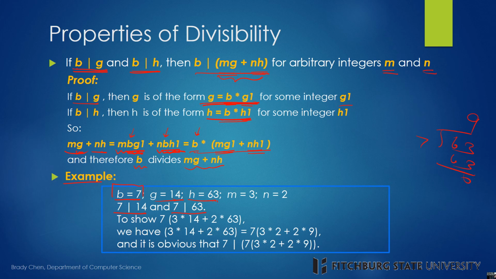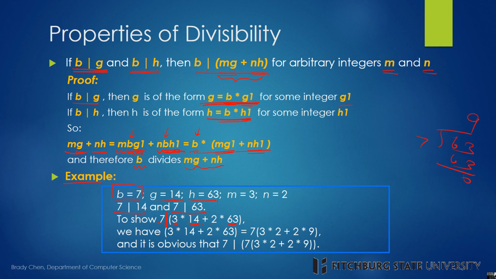Now we just want to make sure. So that means we need to show 7 divides 3 times 14 plus 2 times 63, because 7 divides 14 and 7 divides 63.